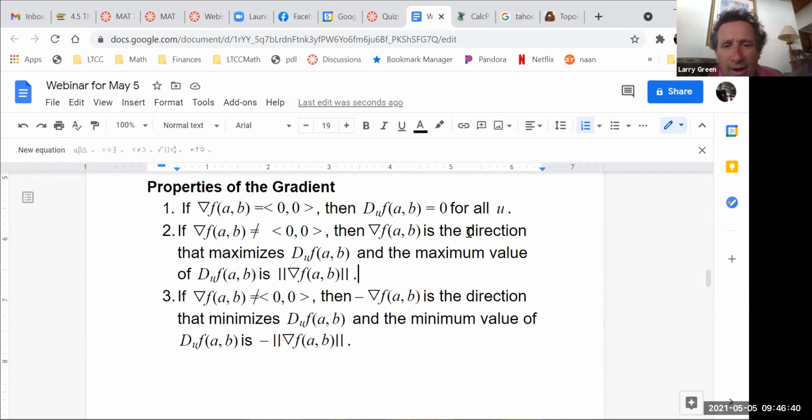Why do we care? Can you think of some applications on why you care about the fact that, when the gradient is non-zero, the gradient of f is the direction that maximizes the directional derivative? There are many really important applications, not little minor things.